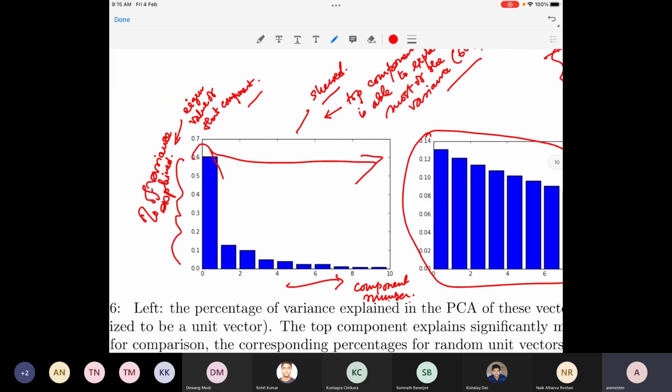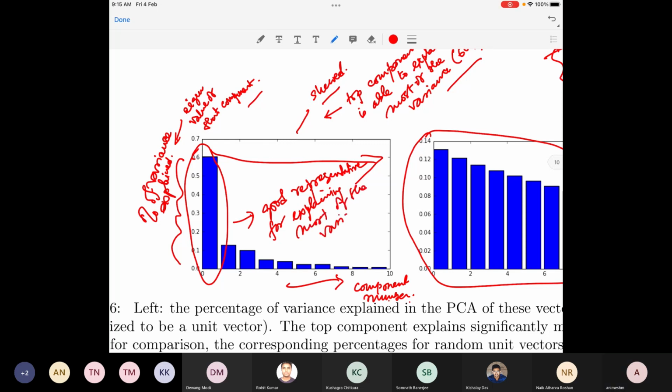Whereas here, the top component can be thought of as a good representative for explaining most of the variance. And this is the dominating direction.